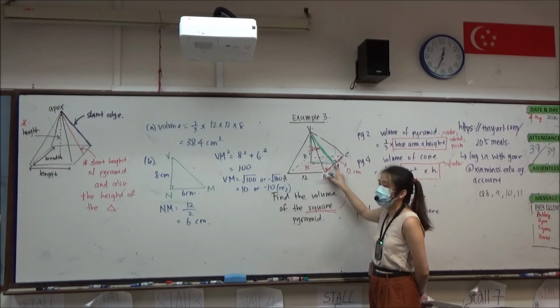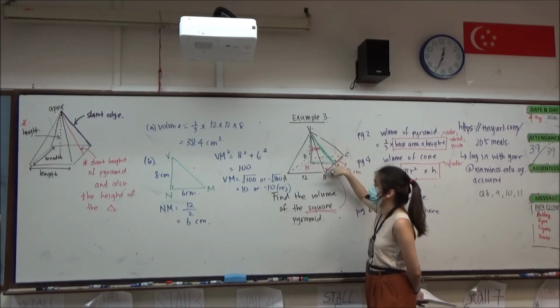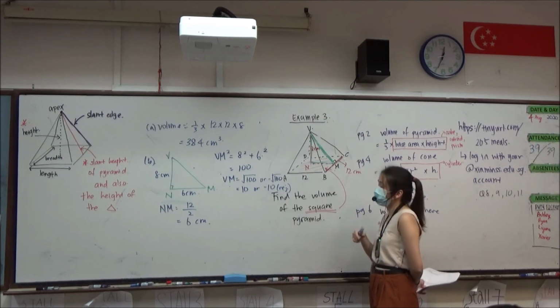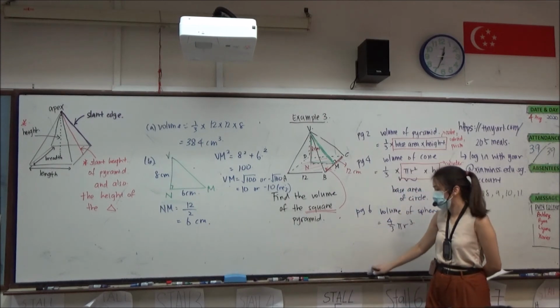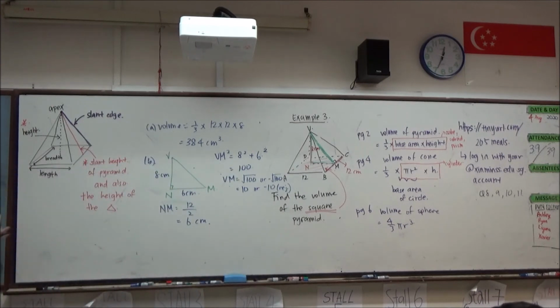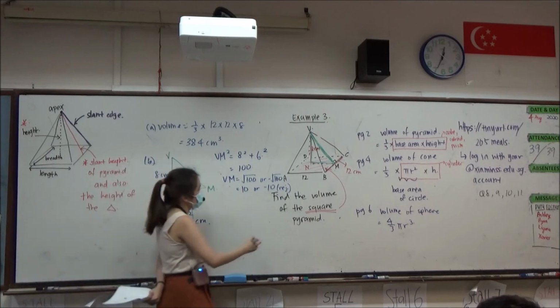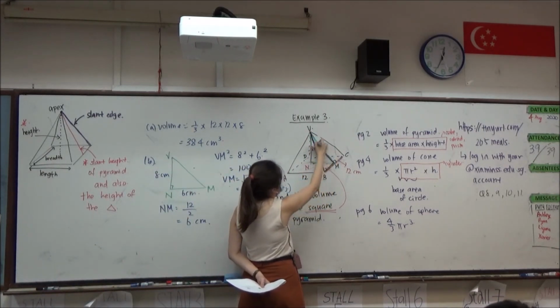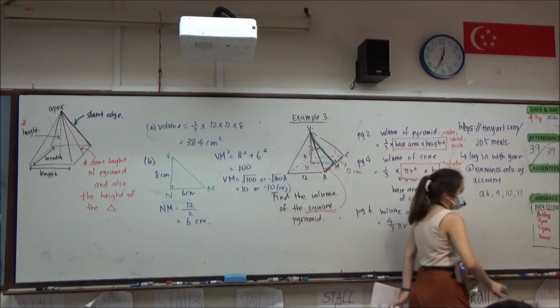Then how to find VM if I don't know what is VB? So what Lisa said, it seems is true, it's logical. I can do Pythagoras on the triangle found here. It is actually the slanted triangle.